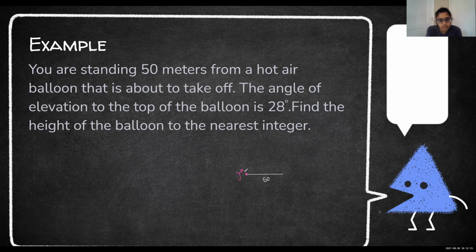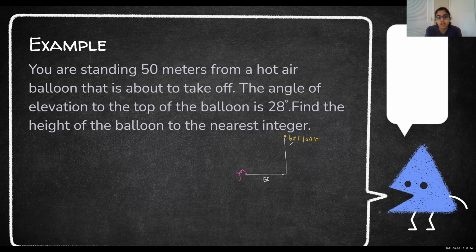And then this is the hot air balloon, so I'm just going to put balloon. And this is the height, and this is how far away you are from it.